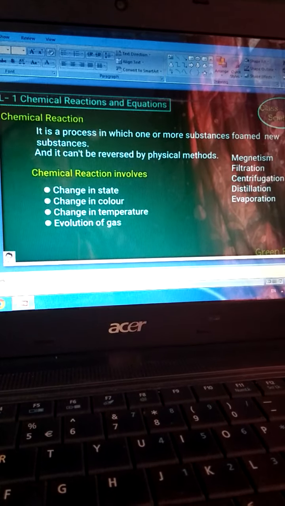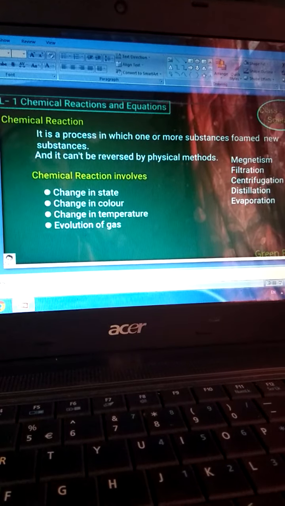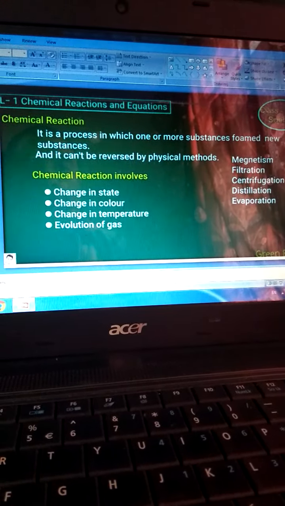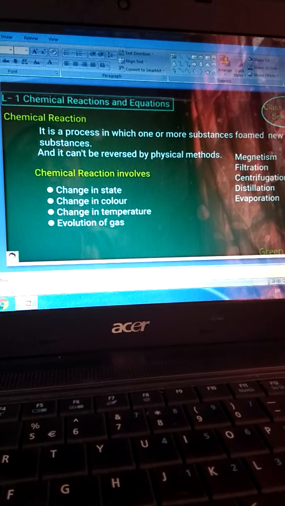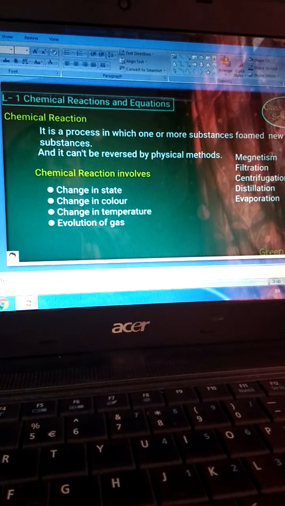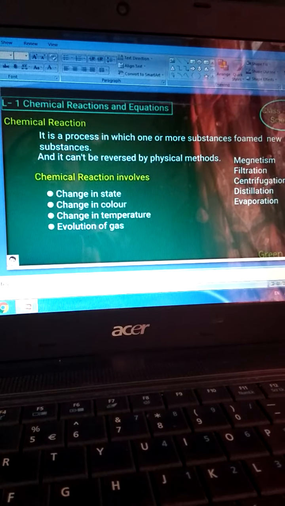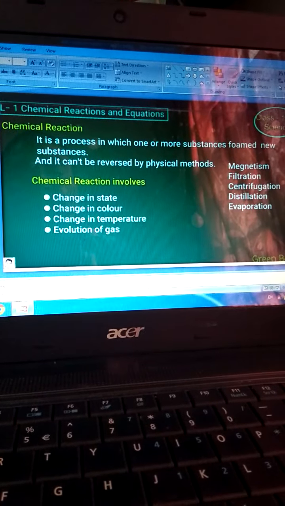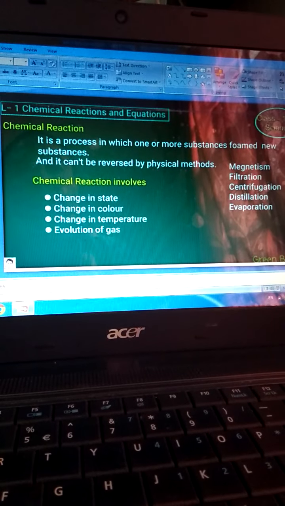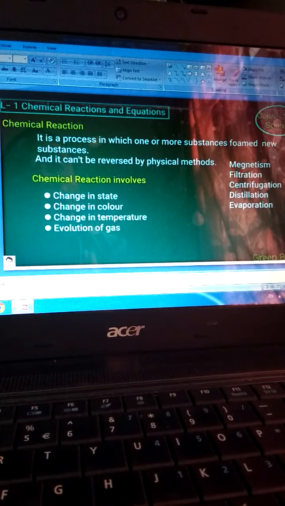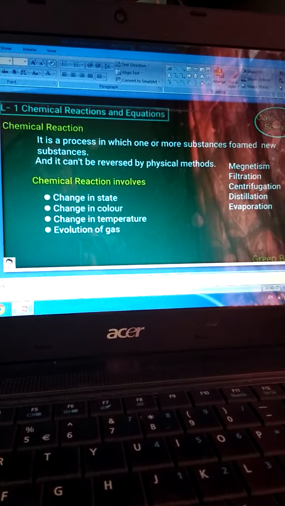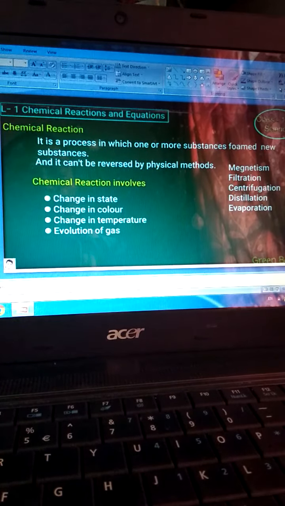Whereas when we say chemical change, a new substance is formed and this change is irreversible. For example, if we burn a paper, we will get ash, and we cannot get back paper from the ash. Similarly, if milk is turned into curd, we cannot get milk again from the curd.